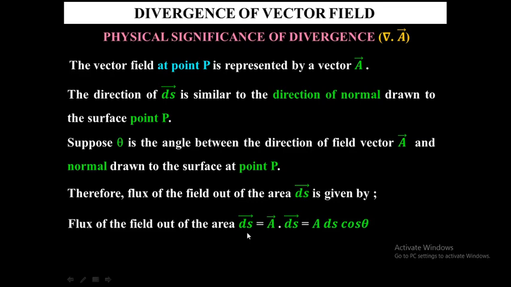But if I have to find the total flux, the total field lines out of the whole surface S, we have to take the integration, because this is the flux out of the small area ds.